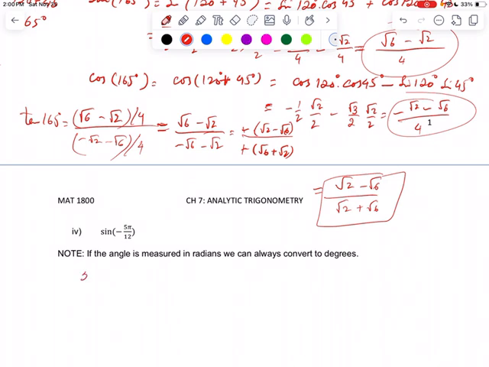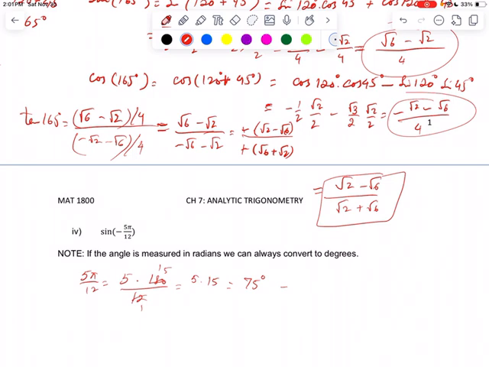So remember, 5 pi over 12 will be equal to 5 into 180 over 12. So 5 into 15. 12 ones are 12, 12 fives are 60. 5 into 15 means 75.